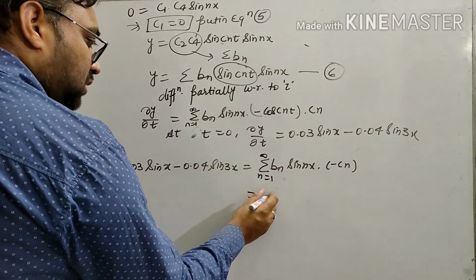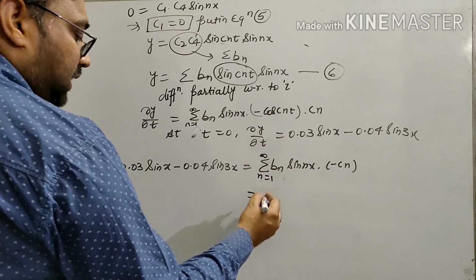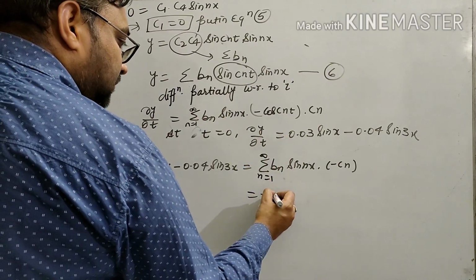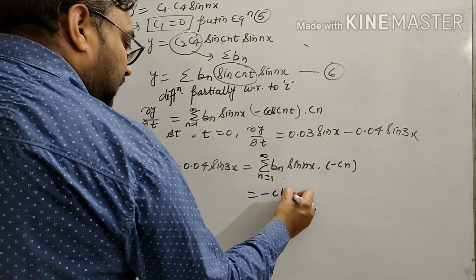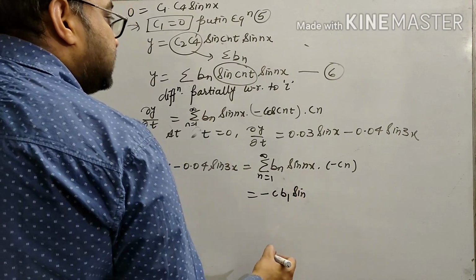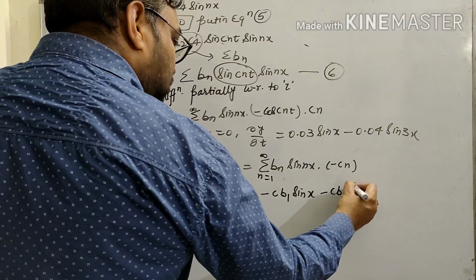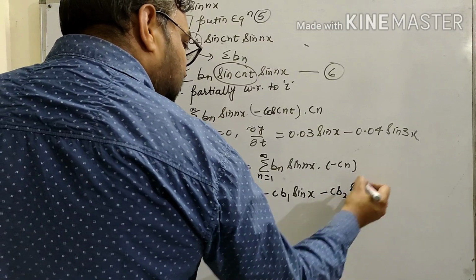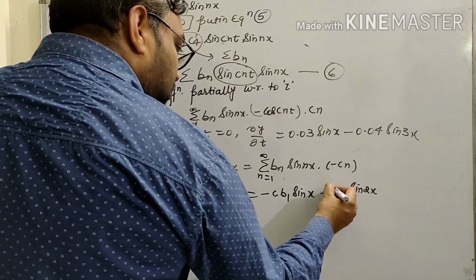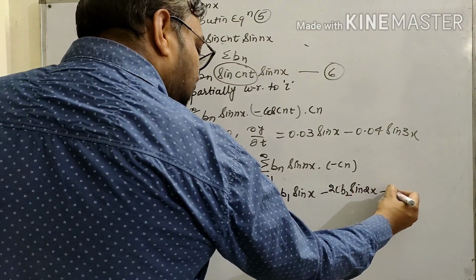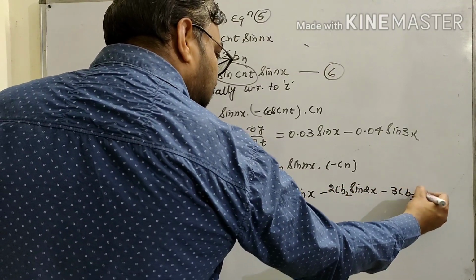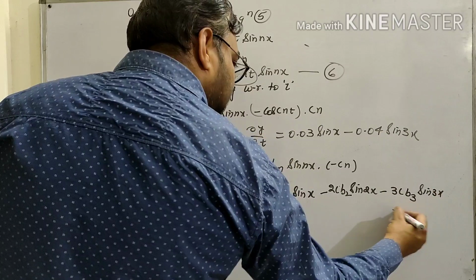So if we open this particular sigma, what do we get? Minus cb1 sin x minus 2cb2 sin 2x minus 3cb3 sin 3x and so on.